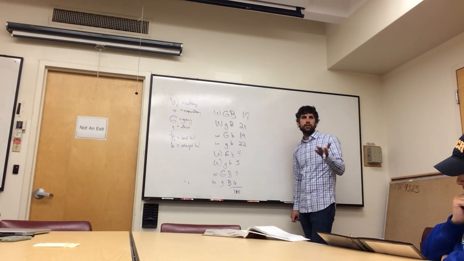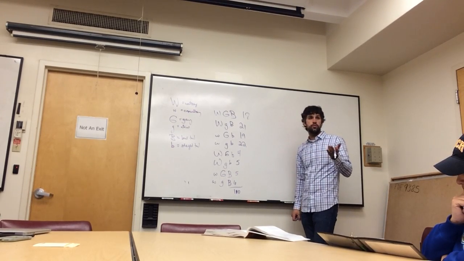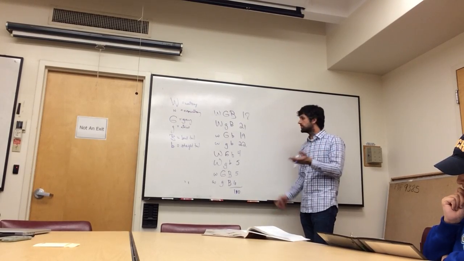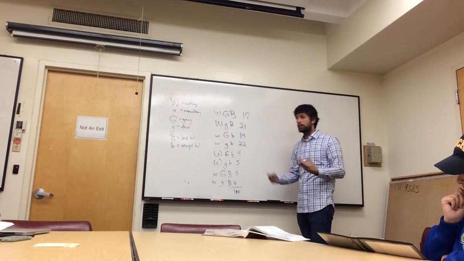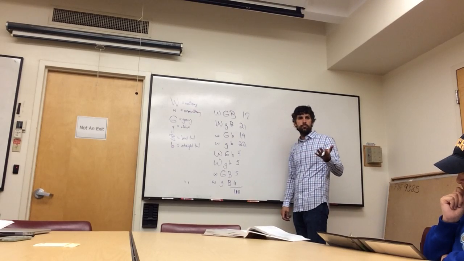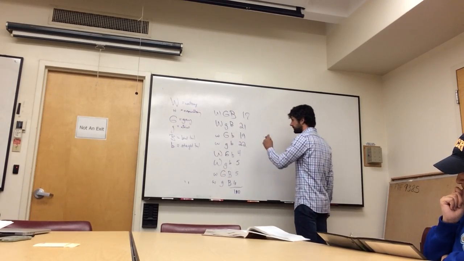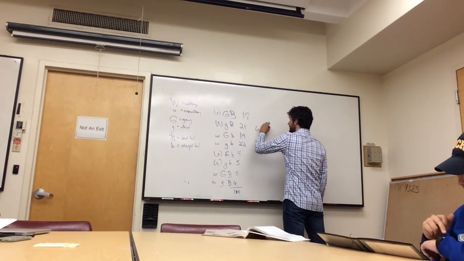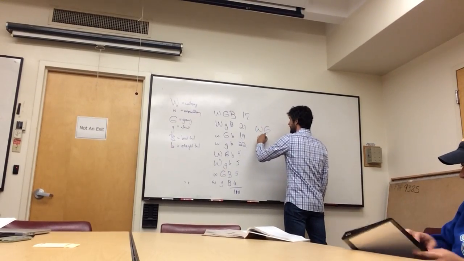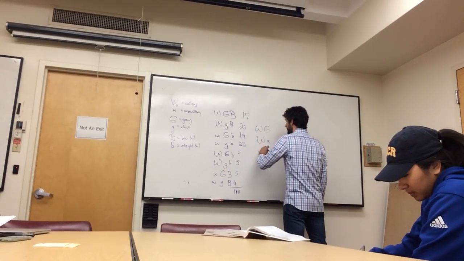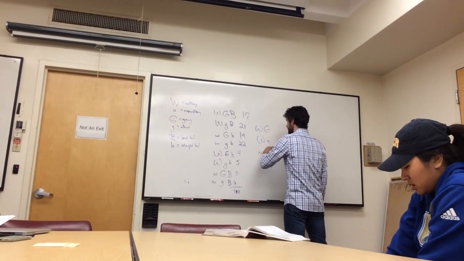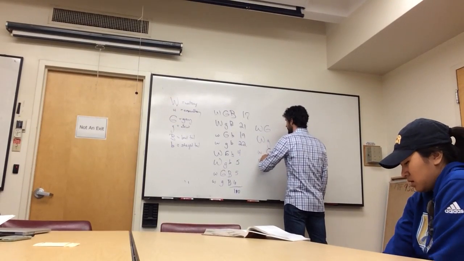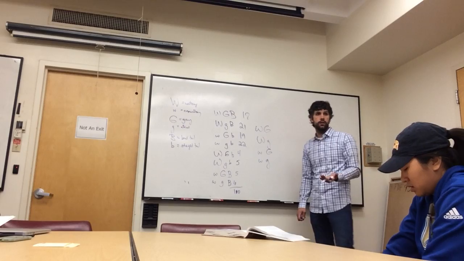Remember, we don't know exactly what the parental chromosomes look like because nothing's standing out as a very abundant class. So let's consider all possible situations. We could have big W, big G; big W, little g; little w, big G; and little w, little g. And let's see how frequent these are.